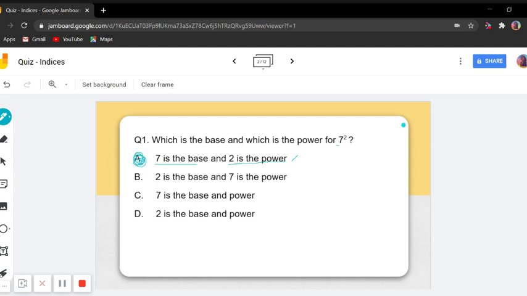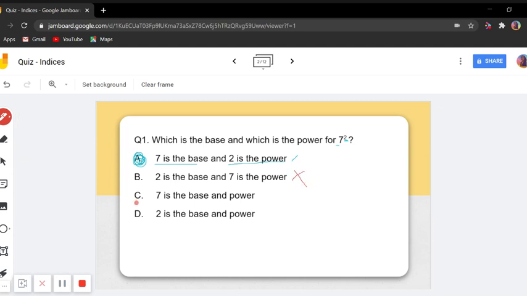Let's take a look at options B, C, and D. Option B: 2 is the base and 7 is the power. 2 is not the base, because the number 2 here is the index number, or the exponent, or the power. So this is incorrect.